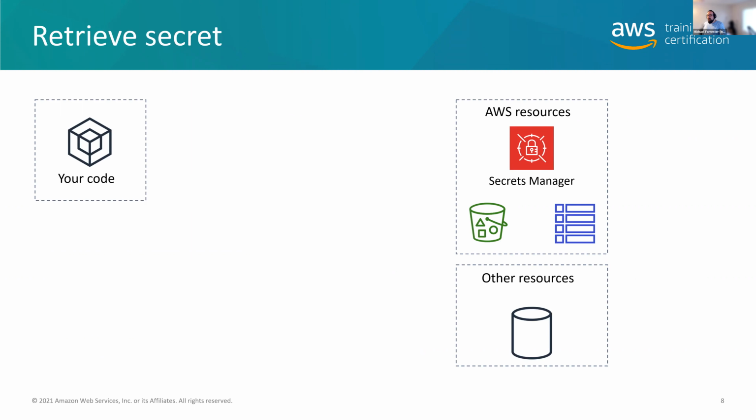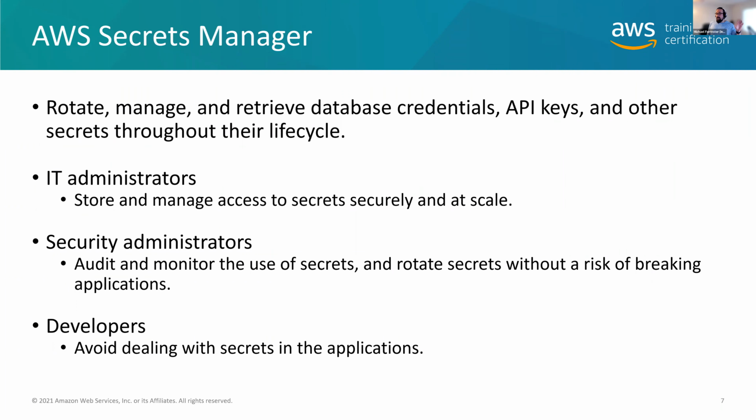Now I don't want you to be fooled. Amazon also has another product called Parameter Store. It's part of Systems Manager. It will also store what they call secure strings. You just have to set the string to secure. But I want to be super clear about this. Secrets manager is the only one that will actually expire and rotate credentials. The Parameter Store will just store a string, a secure string.